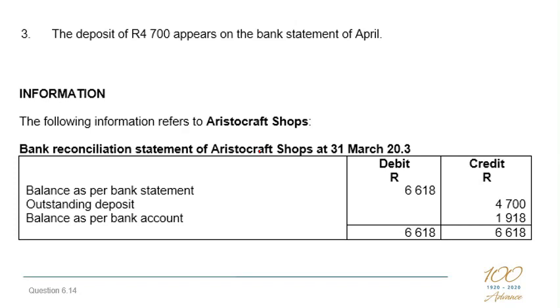In the bank reconciliation statement for March, they warned about an outstanding deposit of 4,700. Remember, it had to be in my books in March to end up as outstanding in the bank reconciliation. So I can just tick it off because now both systems contain the same information.